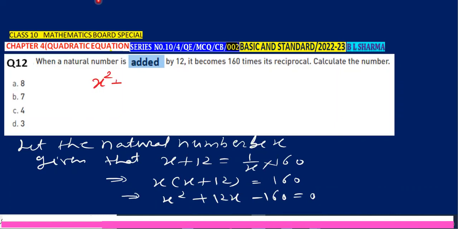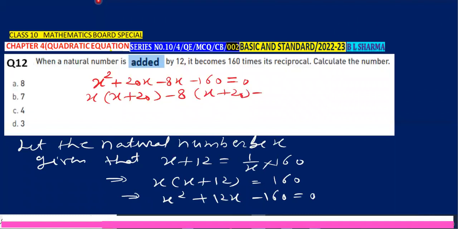Now this can be factorized. x square plus 20x minus 8x, factorized by splitting the middle term. So x minus 8 times x plus 20 is equal to 0.